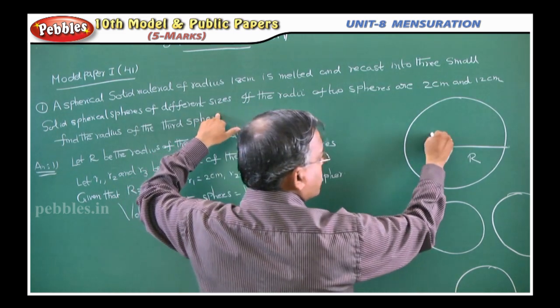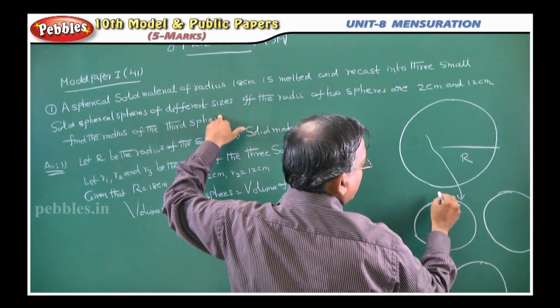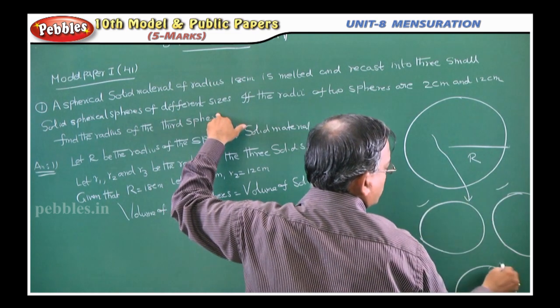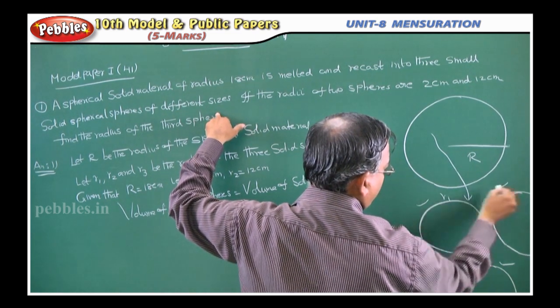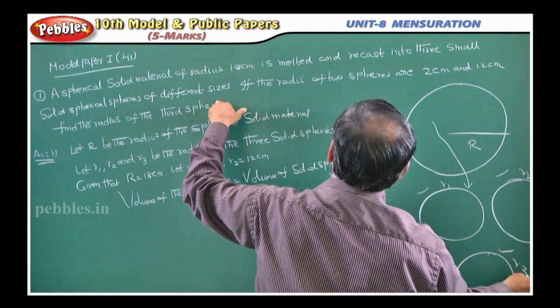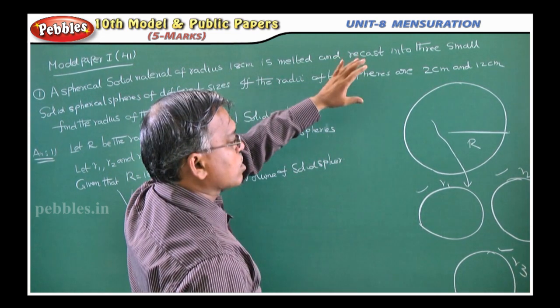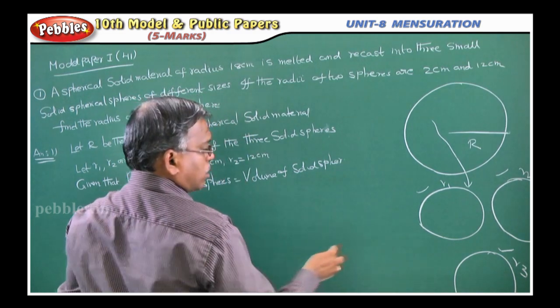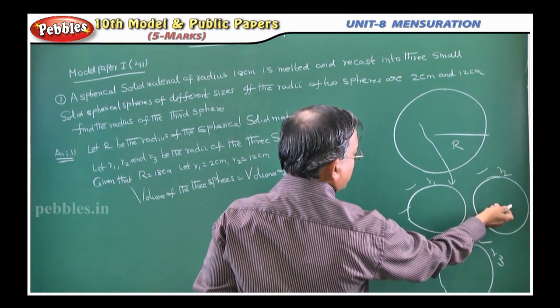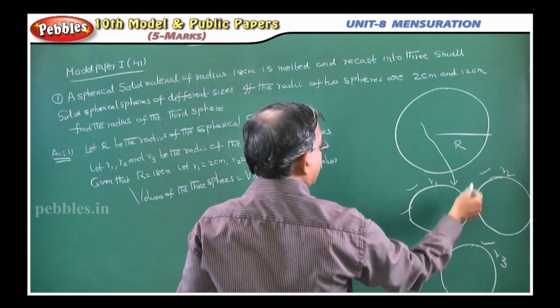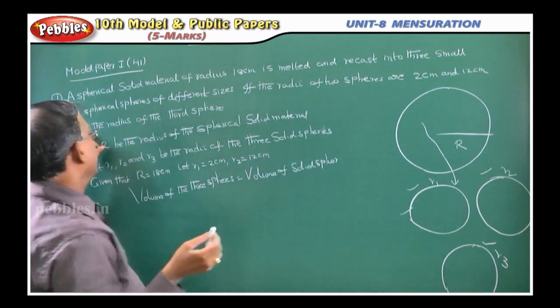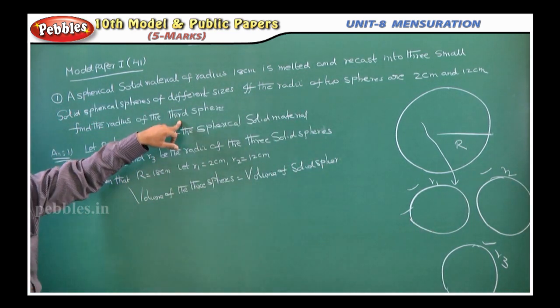So you are melting this big sphere and recasting it as sphere 1, sphere 2, sphere 3 with different radii r1, r2, r3. If the radii of 2 spheres are 2 centimeter and 12 centimeter, then r3 we have to find out. Find the radius of the third sphere.